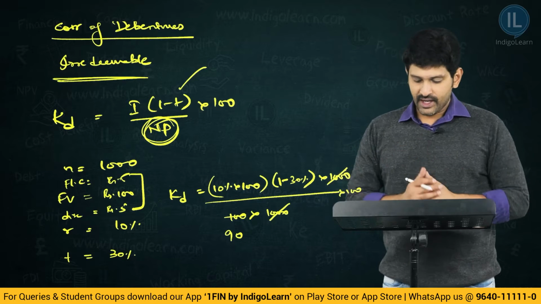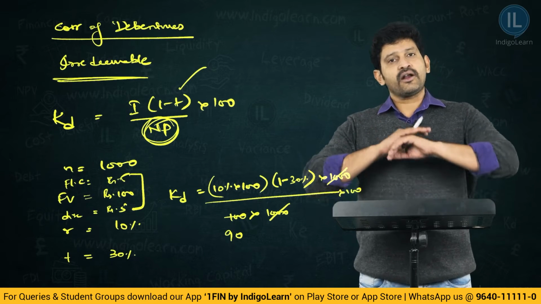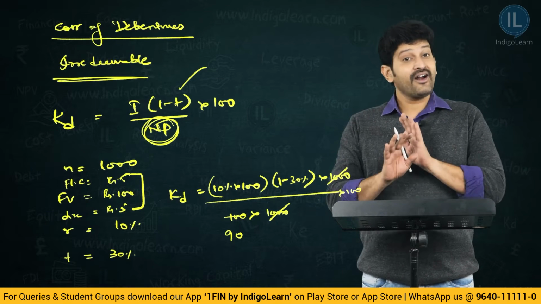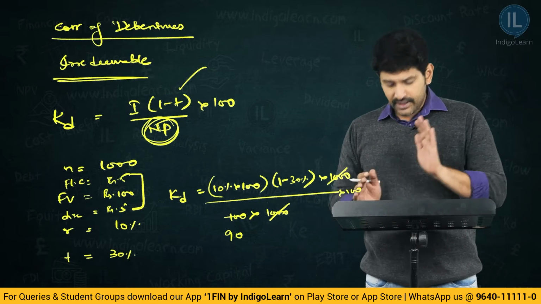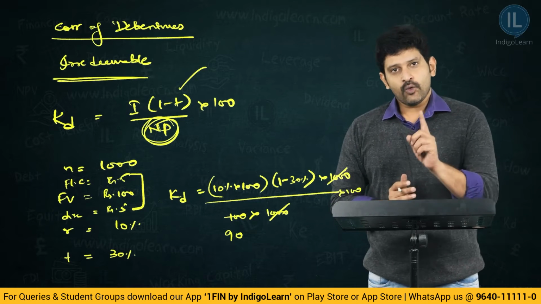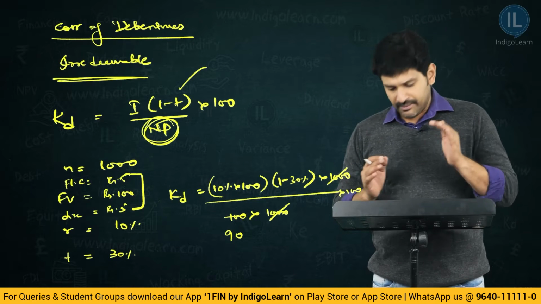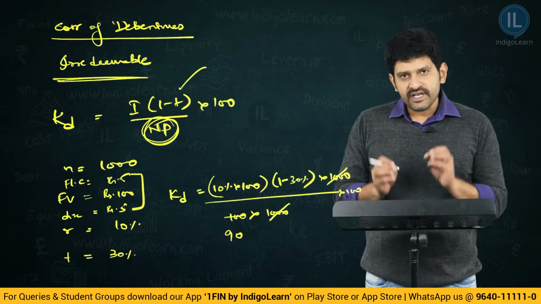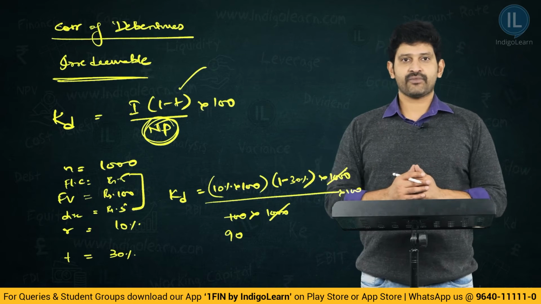Now, first of all friends, what is the meaning of irredeemable debentures? The debentures which are not redeemable. You will go on paying the interest only, they are not redeemed. Though it is not a popular practice as of now, conceptually I have to learn it. Say some 5 years, 10 years back, the company issued these irredeemable debentures. Now the securities are floating in the market.